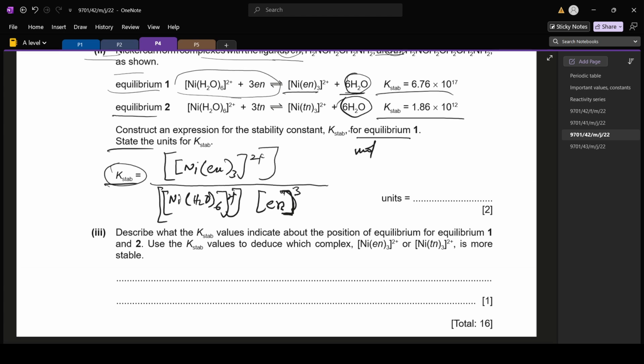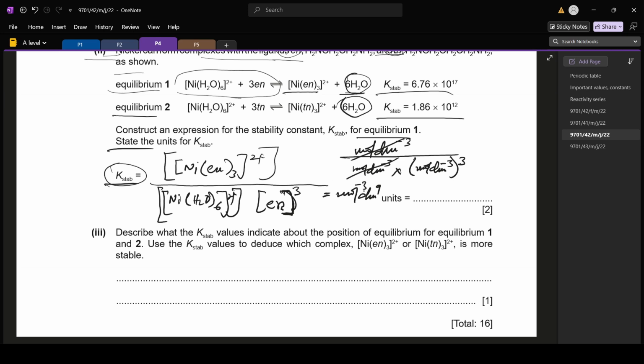In the numerator we have mol per dm cubed only, because there is only the concentration of this nickel complex, and downward we have mol per dm cubed multiplied by mol per dm cubed to the power 3. So this mol per dm cubed cancels out, and then we have mol to the minus 3 dm to the power 9.